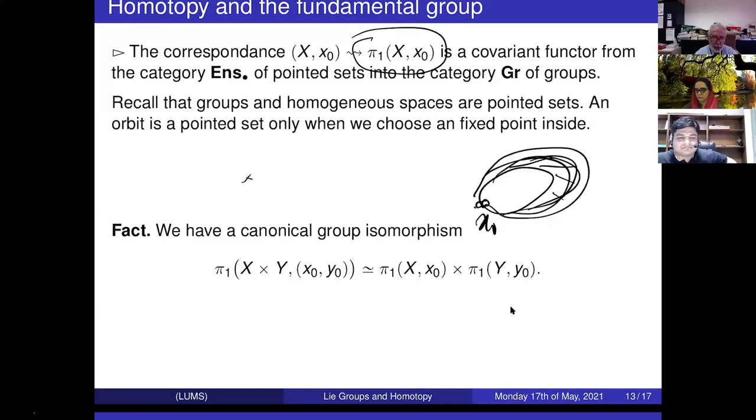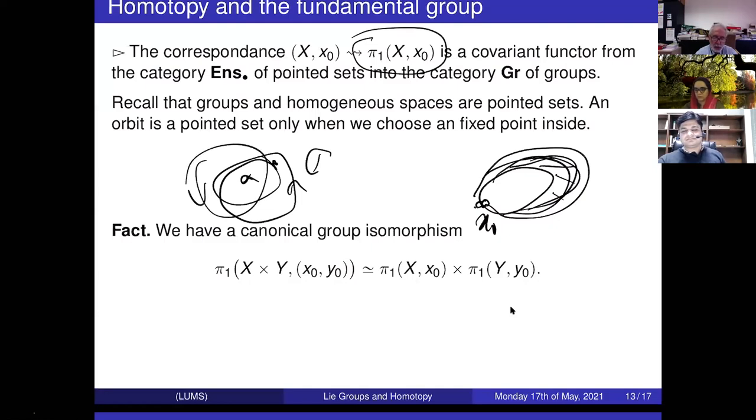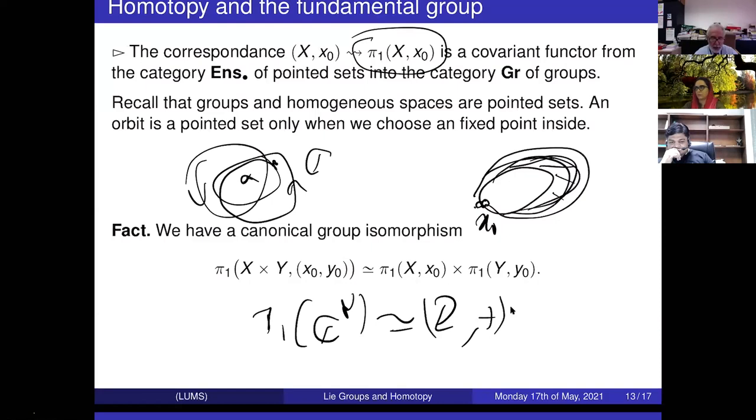For instance, if you take C minus a point, a loop is essentially the way it turns in one direction or another. And so the pi1 of C star is essentially the additive cyclic group. I suppose that you already have seen this before.